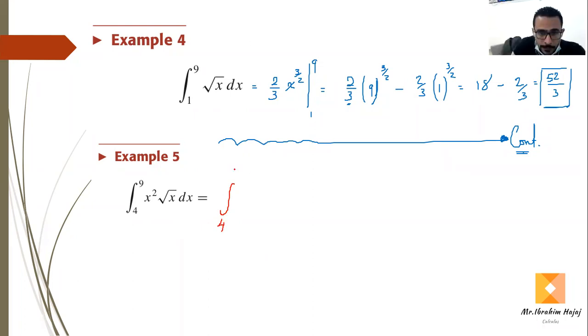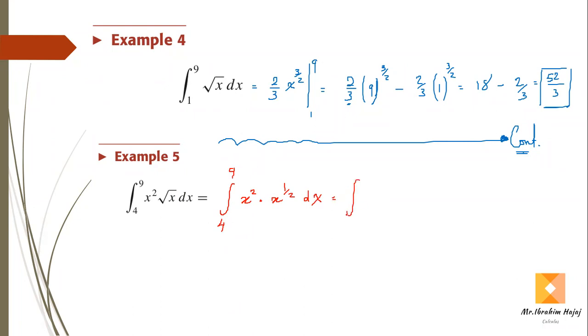So we have here from 4 to 9 of x squared, and the radical x as x to the power of half, dx, which equals the integral of x to the power of 5 over 2 dx.